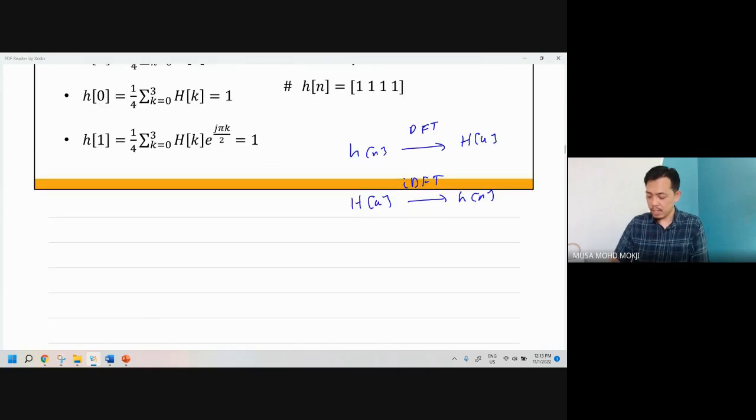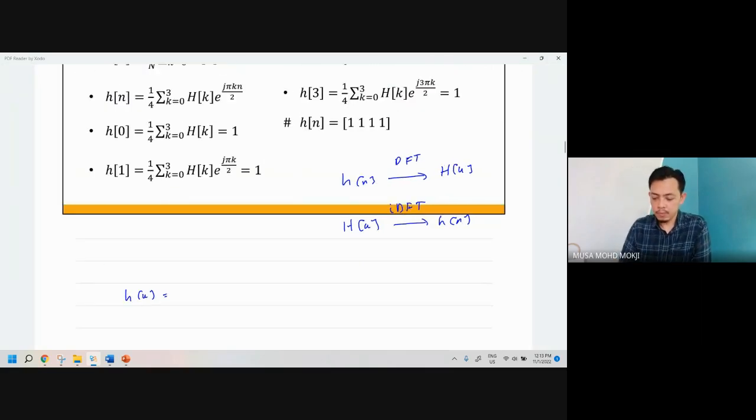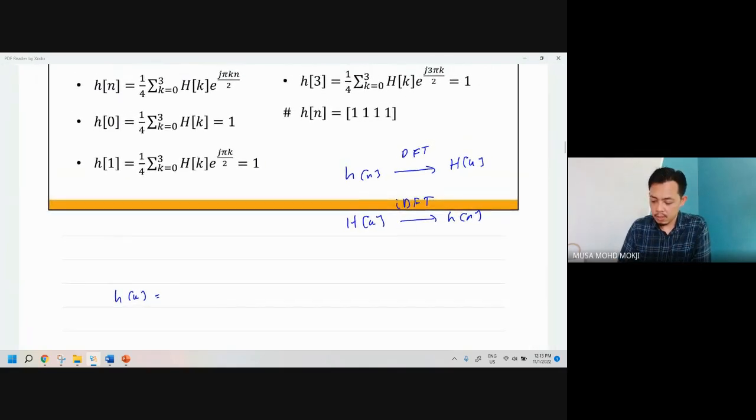So let's try to expand that, because that one is a bit of a shortcut. Sorry, not Hk.